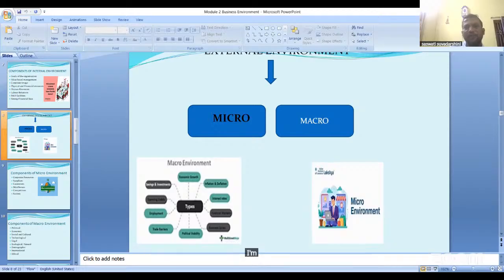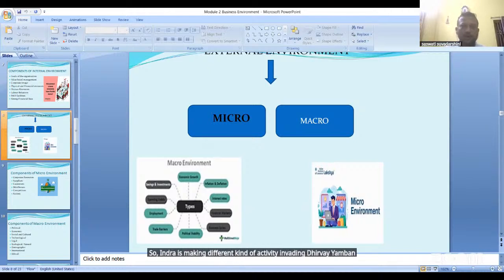I'm citing an example. Think about Reliance. When Dhirubhai Ambani was running their business, everybody said Reliance was inclined towards Congress. Indira Gandhi was inviting Dhirubhai Ambani, and he was associated with all activity.